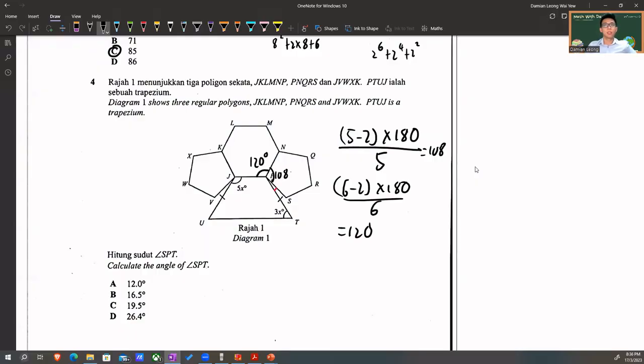Then this one is a trapezium, and these two sides are the same, so this is also 3x.